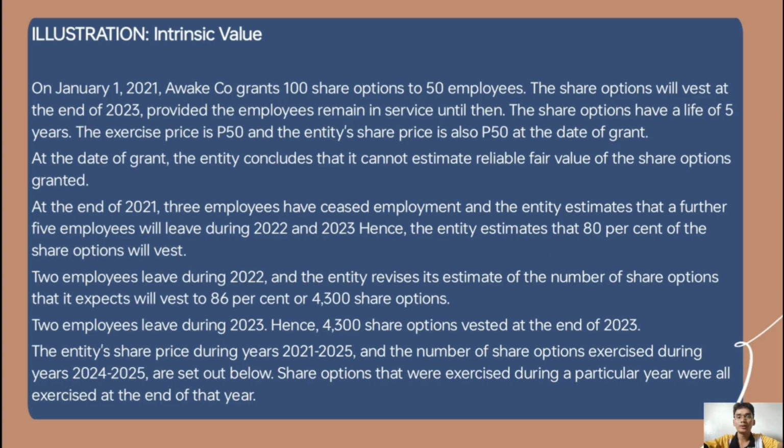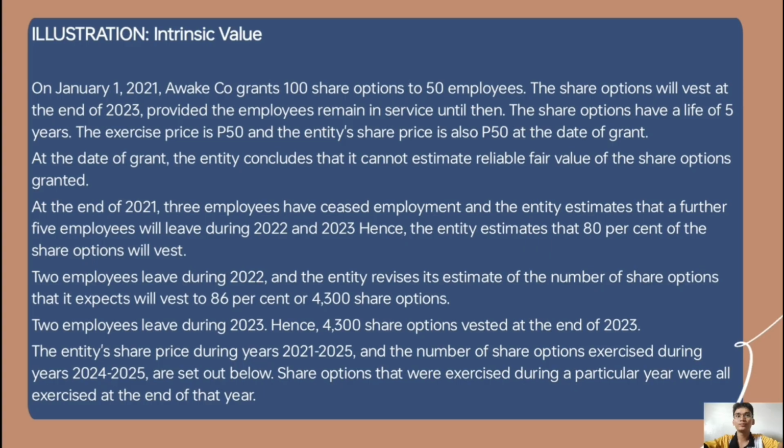At the end of 2021, 3 employees have ceased employment and the entity estimates that a further 5 employees will leave during 2022 and 2023. Hence, the entity estimates that 80% of the share options will vest. 2 employees leave during 2022 and the entity revises its estimate of the number of share options that it expects will vest to 86%, or 4,300 share options. 2 employees leave during 2023, hence 4,300 share options vested at the end of 2023.